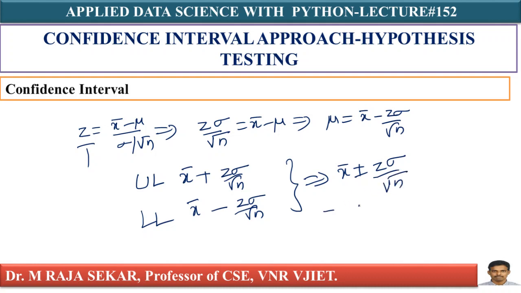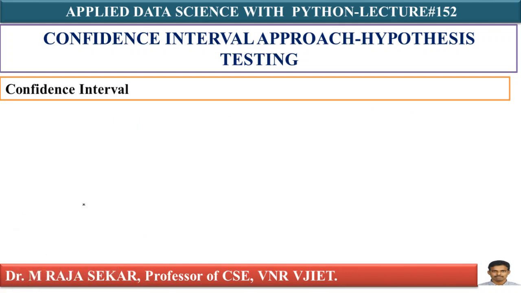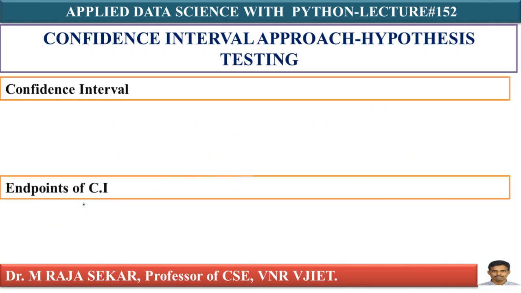If I take the minus sign, I get the lower limit. If I take the plus sign, I get the upper limit. This is the formula for your confidence interval.